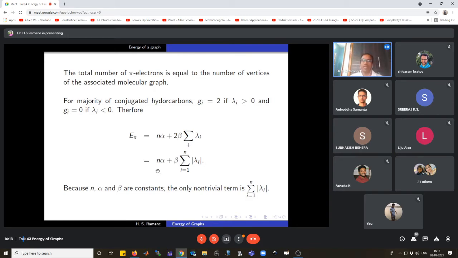So n is fixed here, the number of electrons, and alpha and beta are constants. So only this quantity, the summation of mod of lambda i, is taken as the graph energy. In graph theory we are interested only in this summation of mod of lambda i.